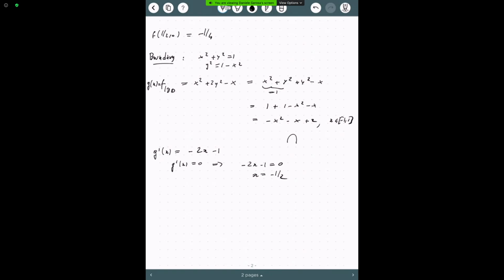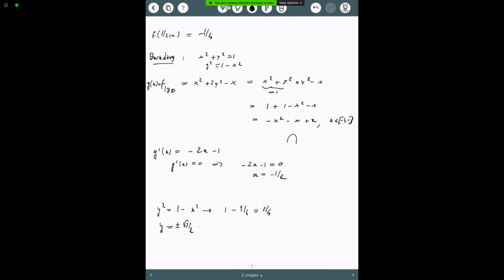All right, so then we have to see what's the coordinate for y. So y squared is equal to 1 minus x squared, which implies that it must be equal to 3 divided by 4. Y is equal to plus or minus the square root of 3 divided by 2.